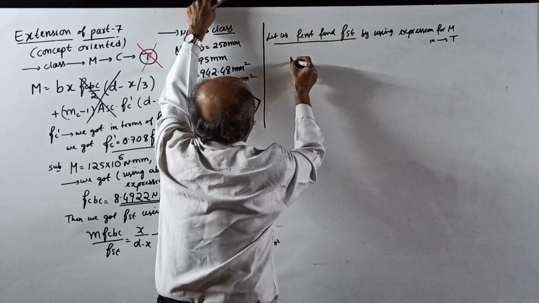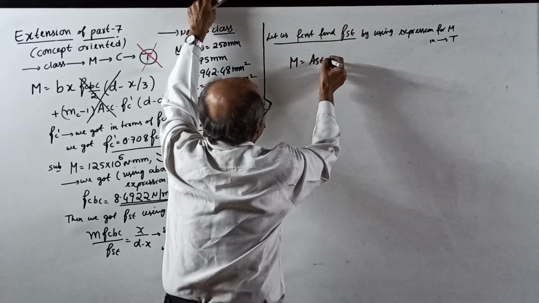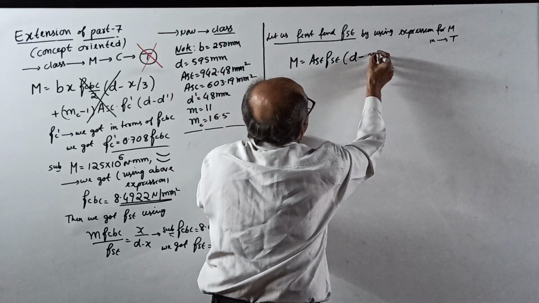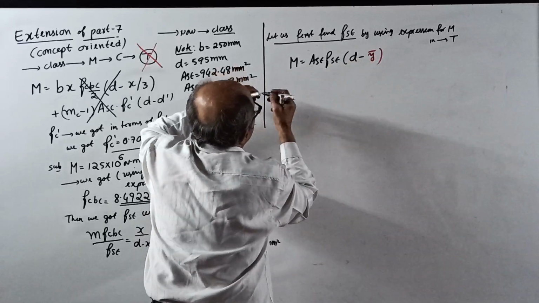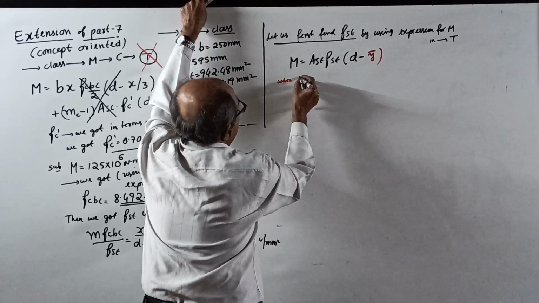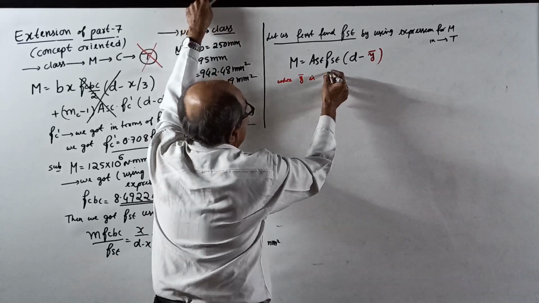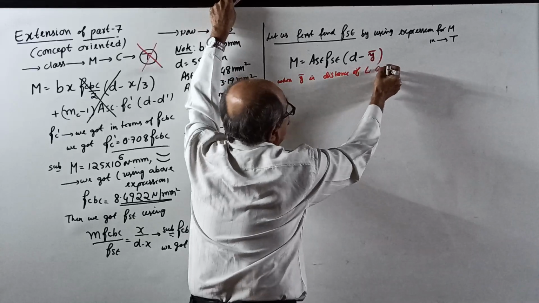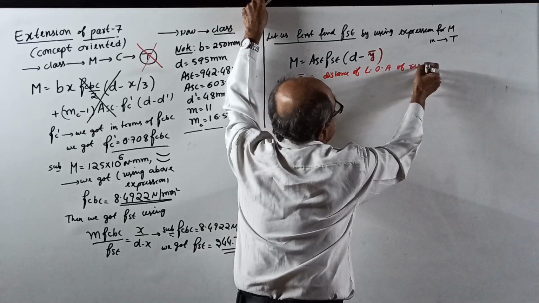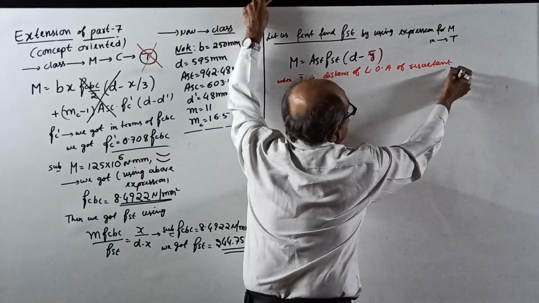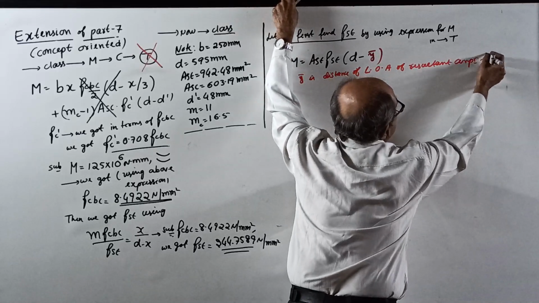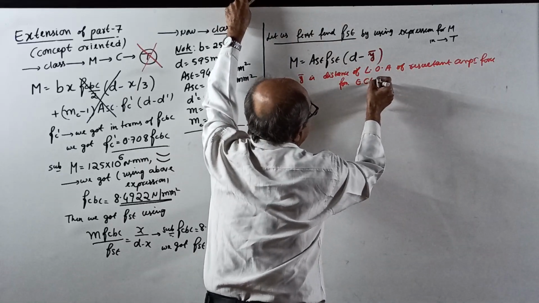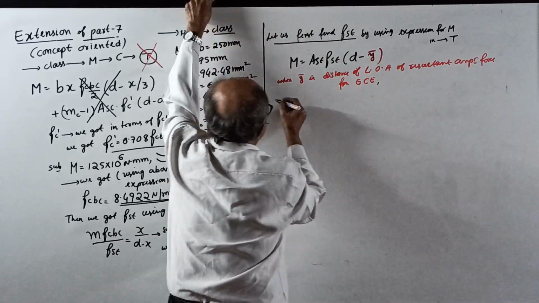That is M equal to Ast into fst into d minus y bar. Where y bar is the distance of the line of action of resultant compression force from extreme compression edge.